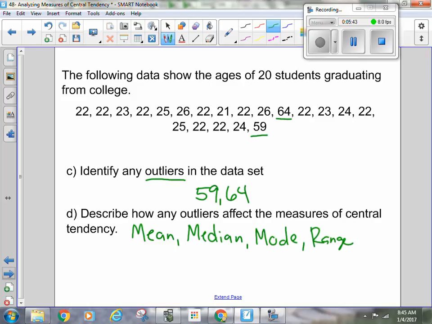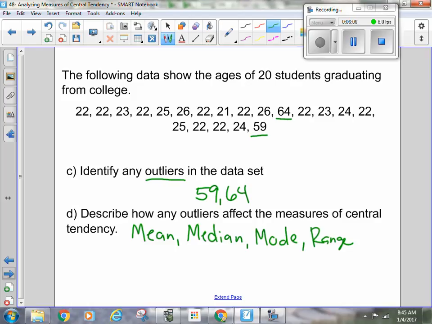We did this a lot in Math 1. They are going to have that really high age, so it's going to move all the ages up in mean. Think about it this way. If you have tests and everybody takes tests in class, and we find the average of test scores, and one person did really, really poorly, it's going to pull down our average test score.